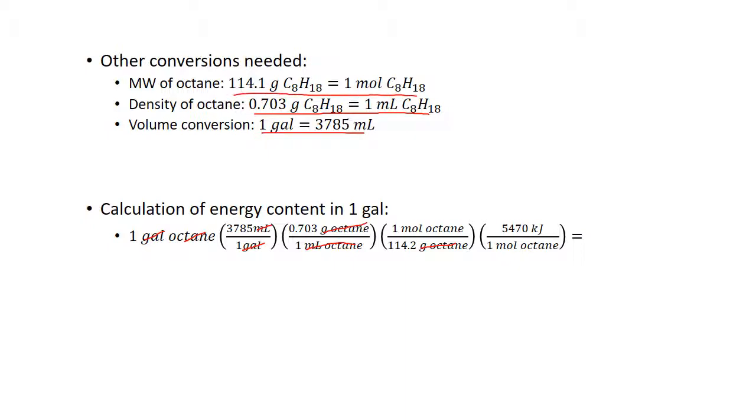And then we use the delta H of reaction, the heat of combustion of octane that we showed on the previous slide, to convert moles of octane into kilojoules. When we carry out that calculation, we get 127,500 kilojoules, or in joules, 1.275 times 10 to the 8th joules.